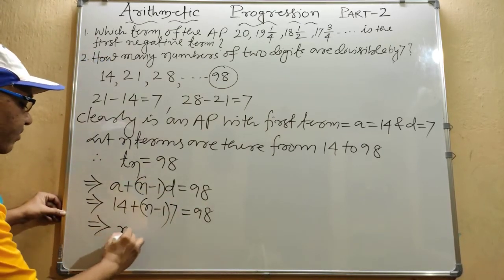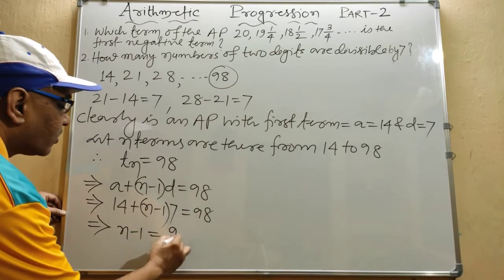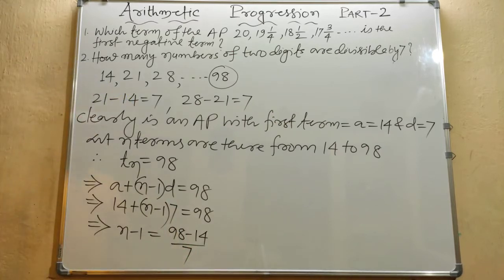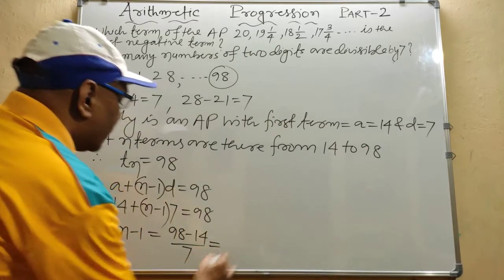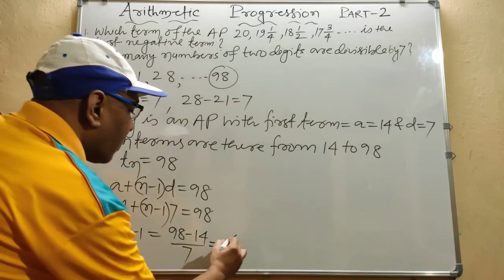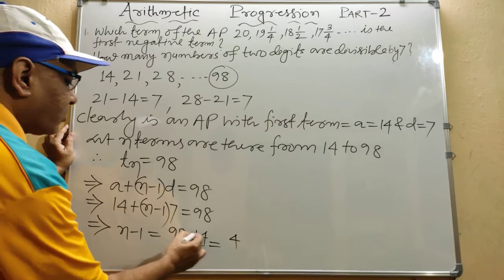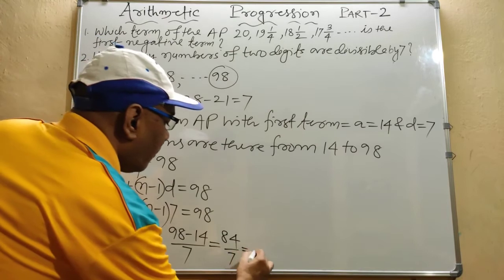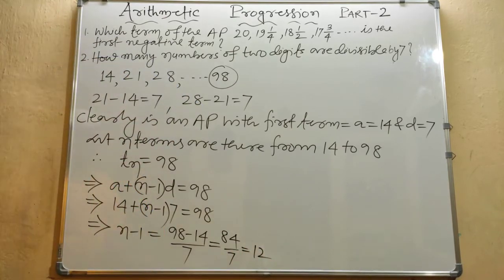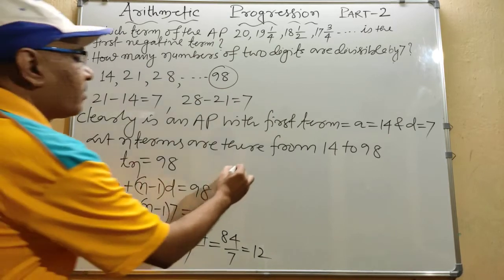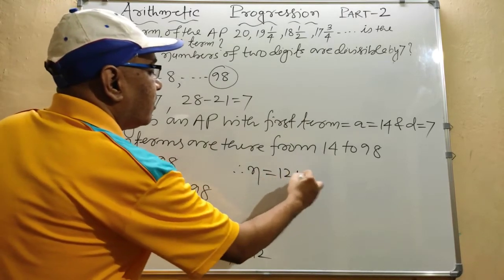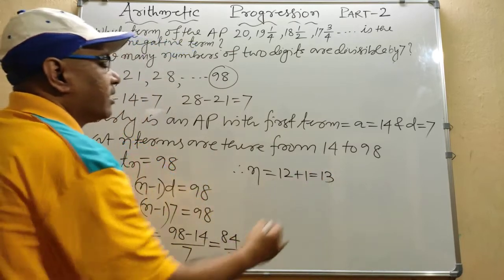So you can write n minus 1 equal to (98 minus 14) by 7, is it not? Let us subtract 98 minus 14, 84 by 7. So what will come? 12. 12 sevens are 84. So n minus 1 equal to 12. So what will be n? n will be 12 plus 1 equal to 13.